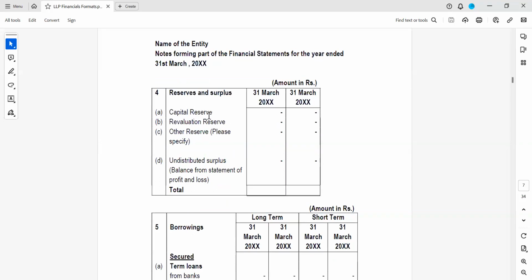Now coming to the next note, that is reserves and surplus. Same as we used to follow: capital reserve, revaluation reserve, other reserves, undistributed surplus, balance from statement of profit and loss. Here you have to remember one thing. After LLP came into existence, many private limited companies have converted themselves into an LLP, because of the compliance aspect.